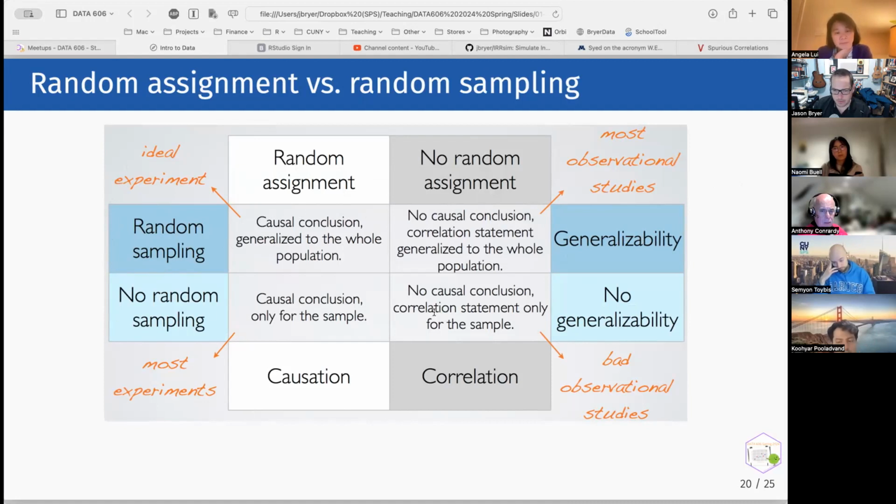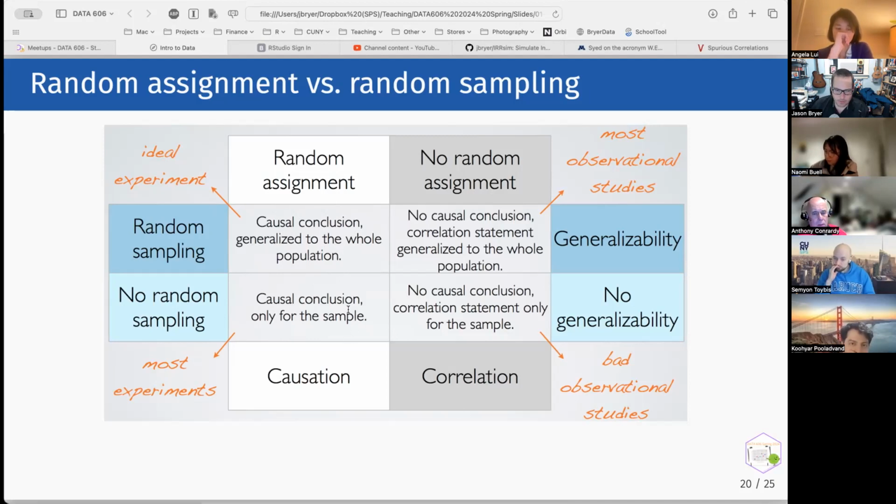No random sampling gives us really no generalizability. Random assignment gives us good causation, and no random assignment gives us just correlation. So this is like the ideal situation: we randomly sampled and randomly assigned. That gives us good generalizability to a larger population. But this rarely happens. Okay.